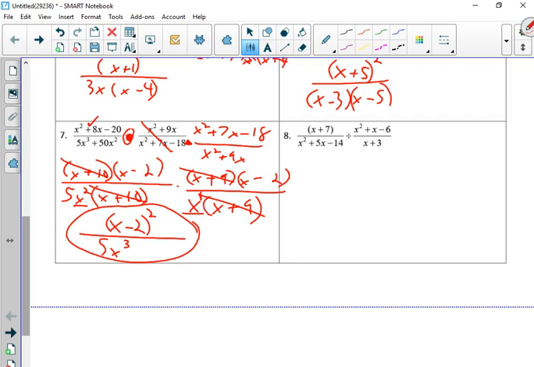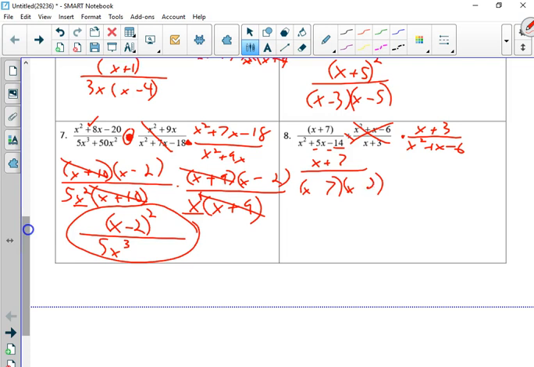Number 8. I'm going to change this to times x plus 3 over x squared plus x minus 6. So we have an x plus 7 on the top. On the bottom, I need to factor x and x. I need two numbers that multiply to give me 14 that differ by 5.